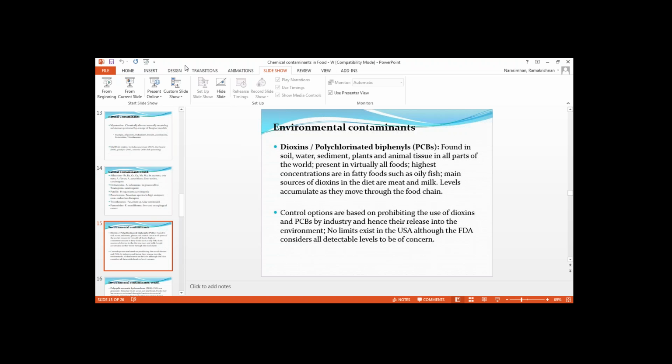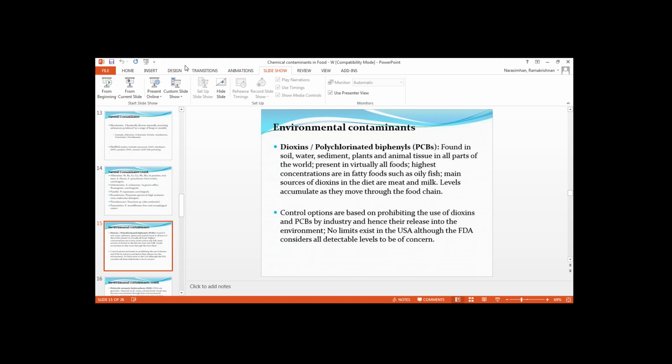There are reports that these are virtually present in all foods, and these are getting ingested into the human body. Okay, the highest concentrations are in fatty foods such as oily fish, and that is the main source of dioxins. I mentioned two chemicals. One is polychlorinated biphenyls and the other is dioxins.